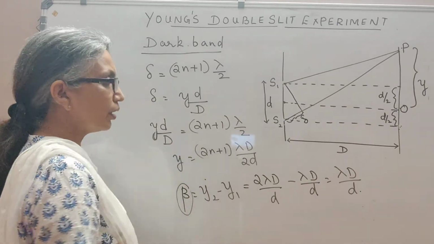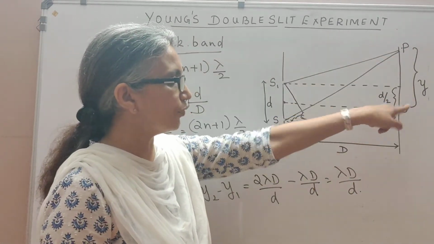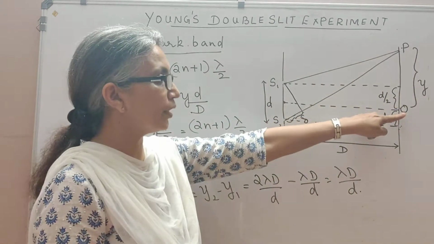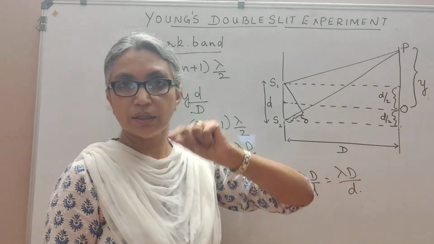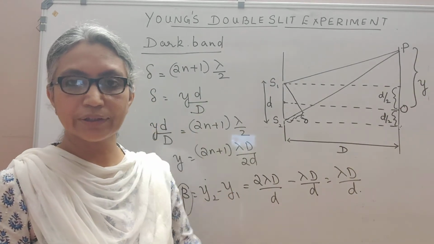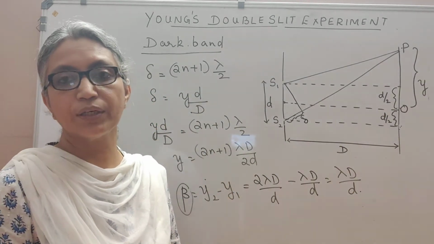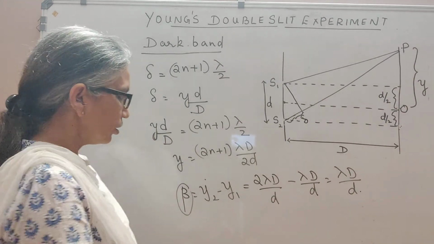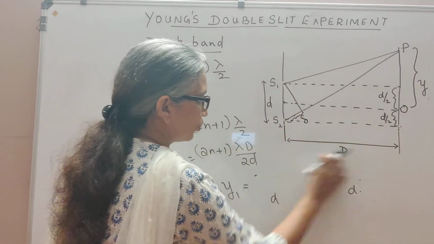Now this is the y, that is the distance of the nth dark band from the center of the screen. So if I subtract the y for two consecutive dark bands, between two consecutive dark bands we have a bright band, so we get the width of a bright band. So I'm going to substitute and show you.